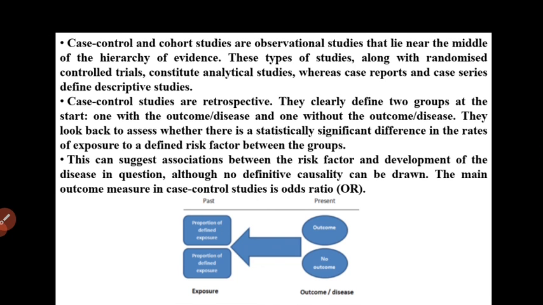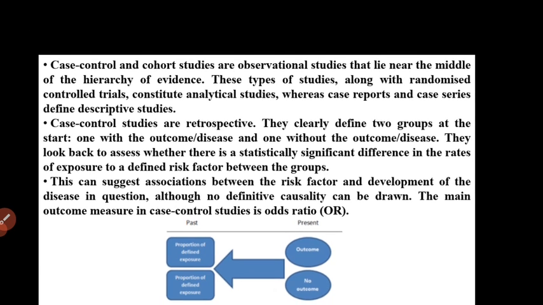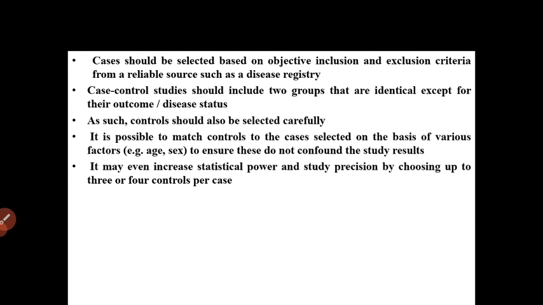Now next, what exactly is done? Cases should be selected based on objective inclusion and exclusion criteria from a reliable source. Then next is to include two groups identical except for their outcome or disease status.